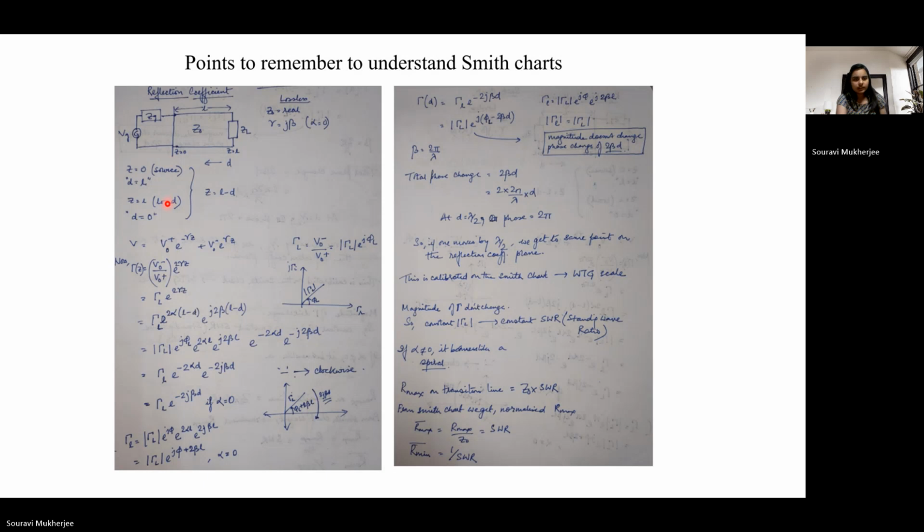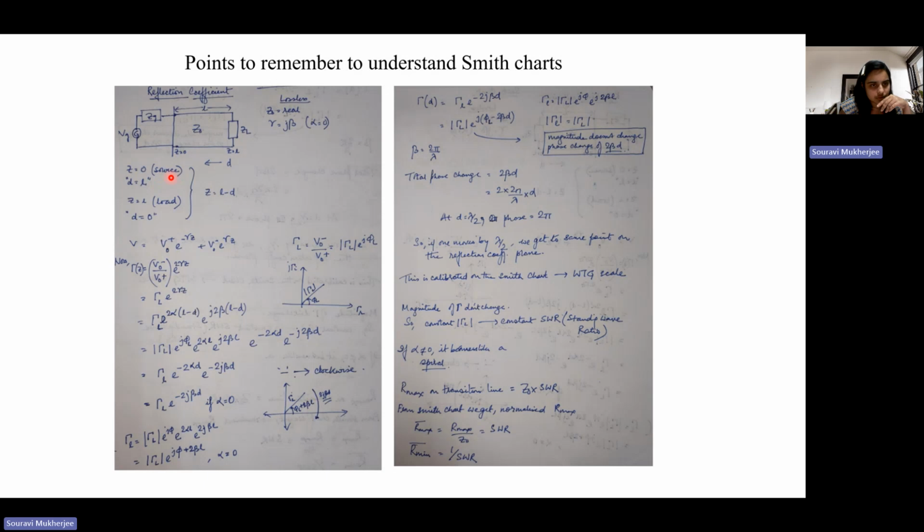Another way of defining it is, you can define a quantity d, where d equal to 0 is this point here. So d goes towards this point.